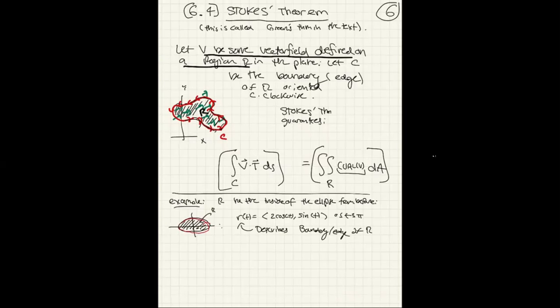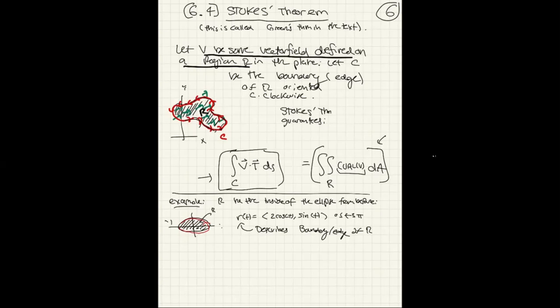And I'd like to remind you that for this example on the previous page, we've done the left-hand side. What I want to do is compute the right-hand side. I want to show you that they're the same number. And the idea is that Stokes' theorem says that that isn't an accident, that always happens. But I want to show you this result in action.